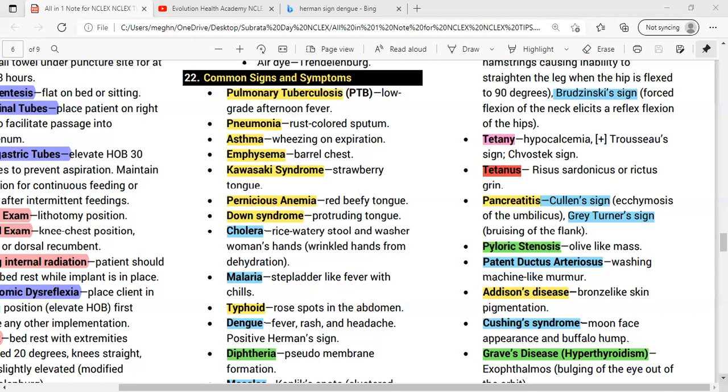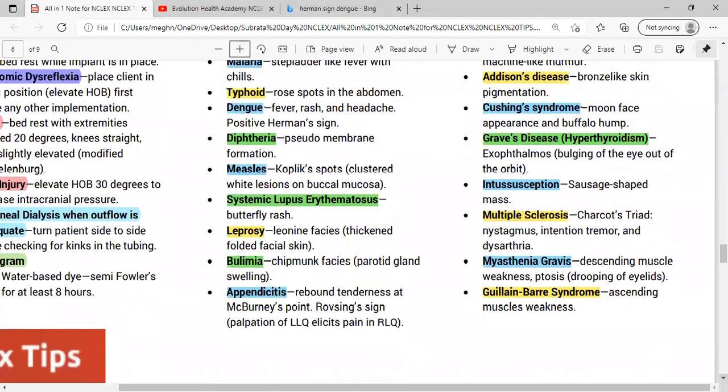In diphtheria, if we examine inside the oral cavity, we can see pseudomembrane formation. In measles, Koplik spots inside the buccal mucosa. Systemic lupus erythematosus is an autoimmune disease.